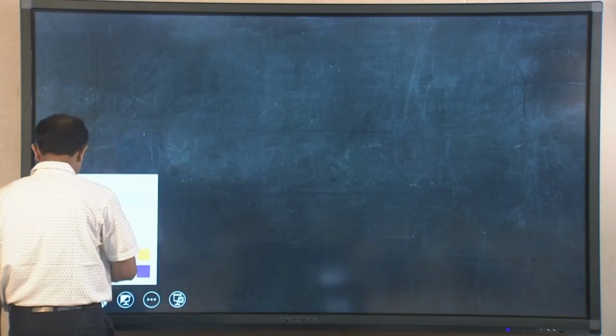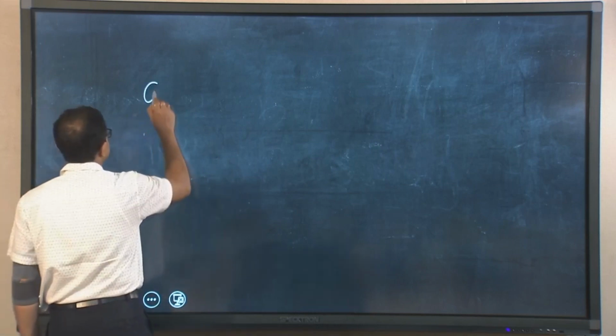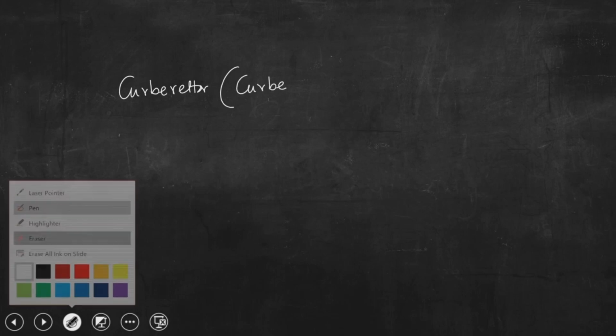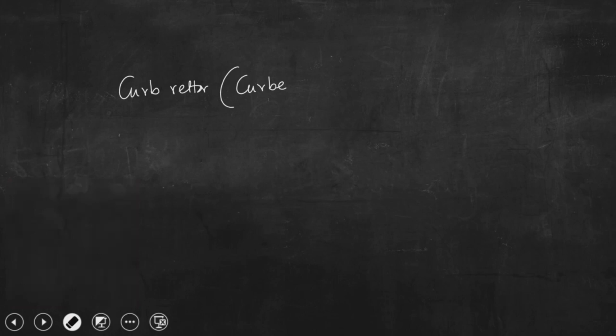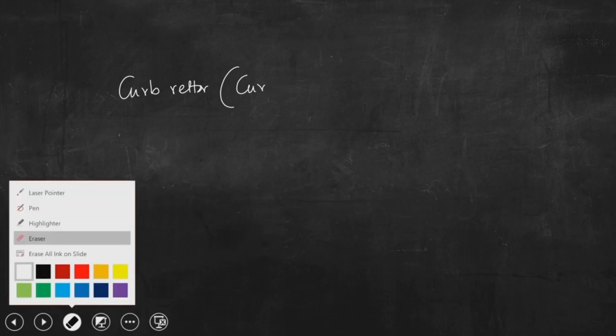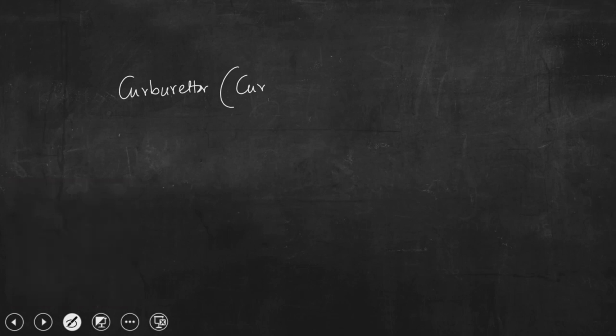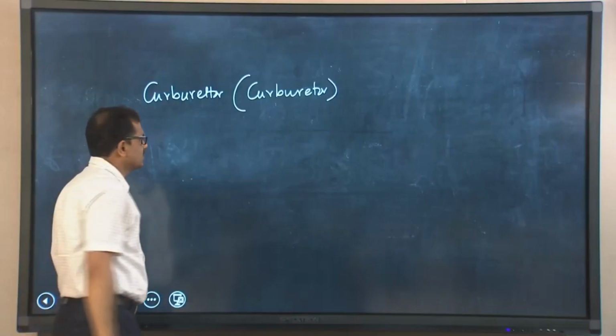So, if I write carburetor, or you also can write carburettor, so CUR, BURE, TOR, this is American English, while this double TOR is British.